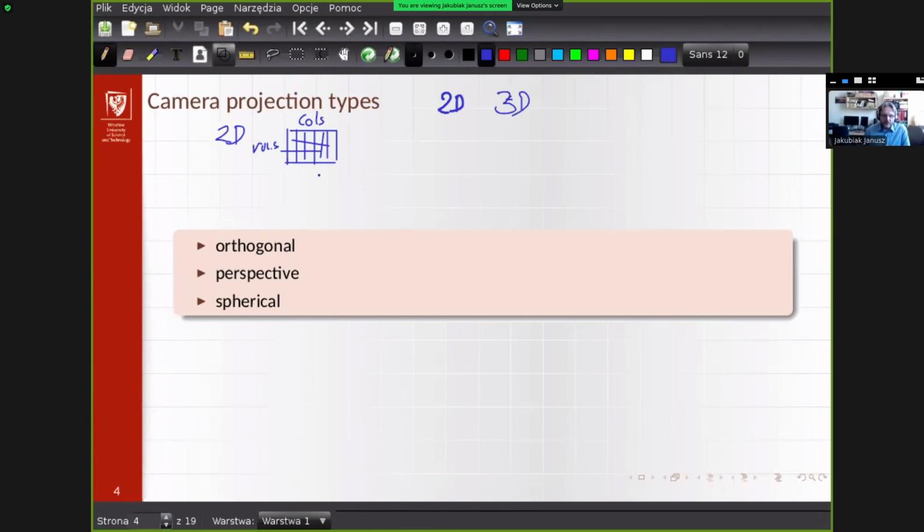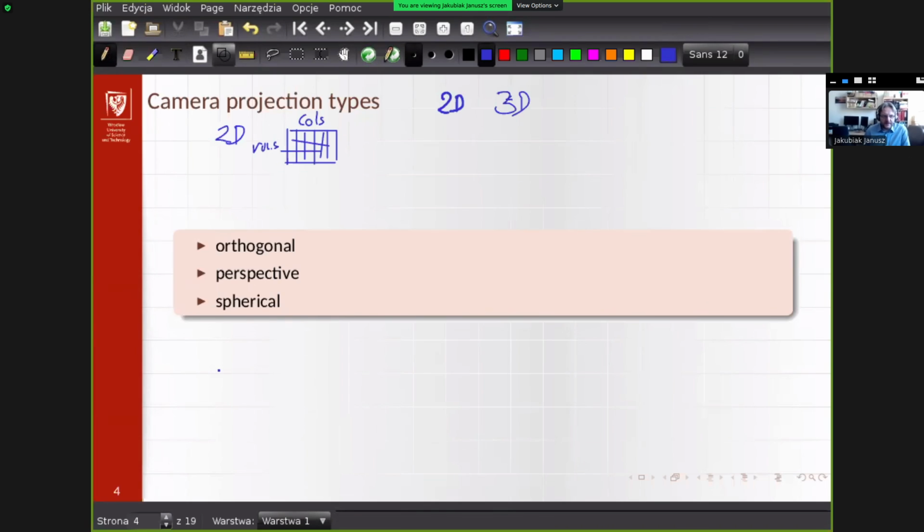But the world outside that we are trying to measure and observe is in fact three-dimensional. So you need to make some kind of projection and remove one of the coordinates, from the 3D to the planar image.